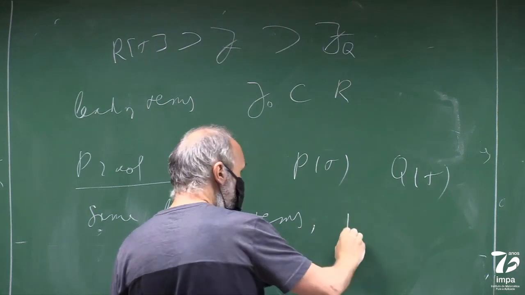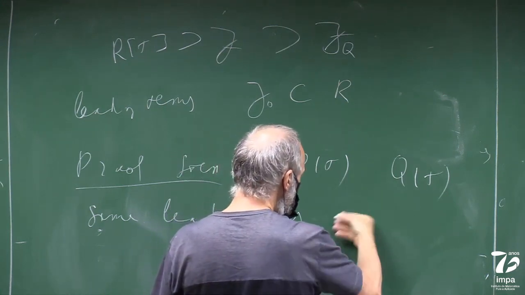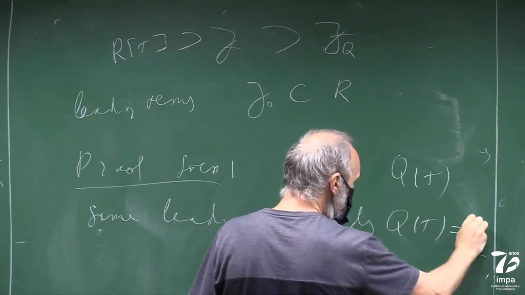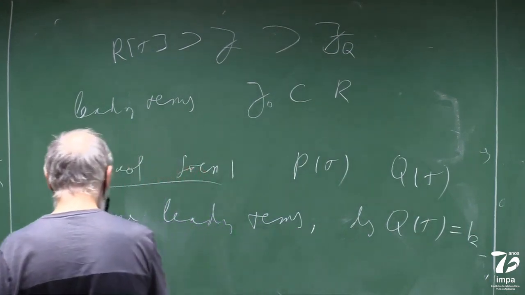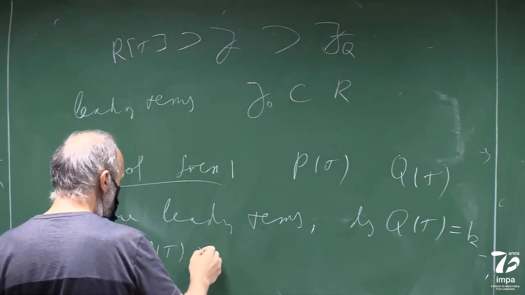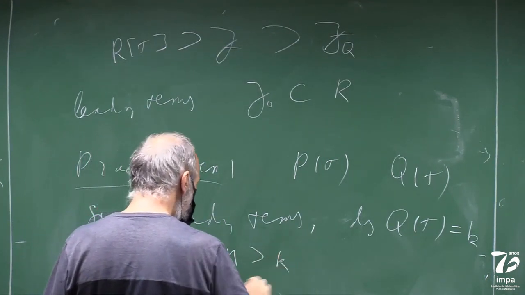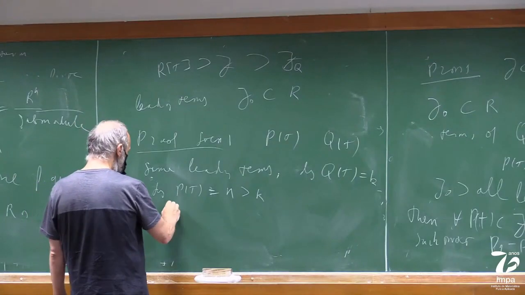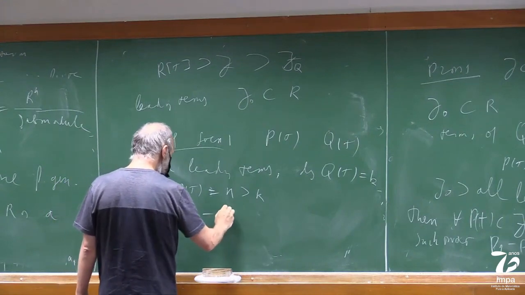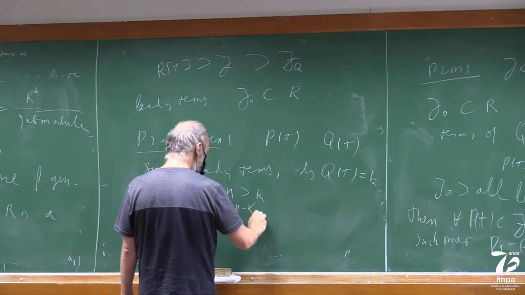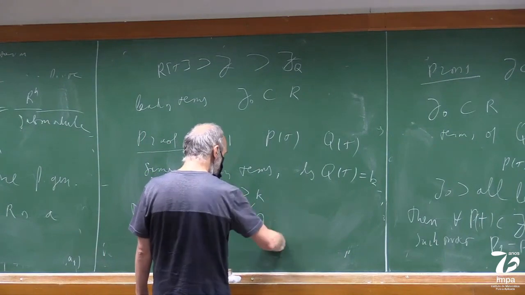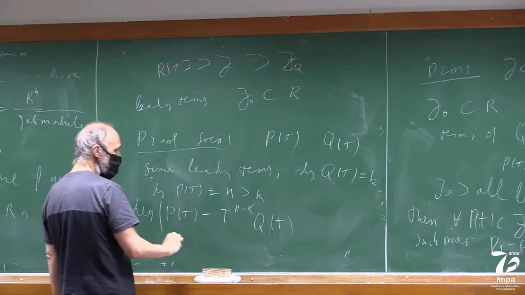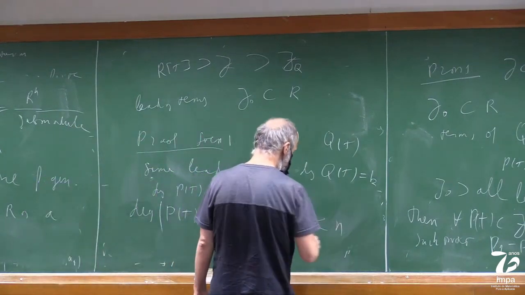But degree Q(t) is equal to k, and degree P(t) is n, bigger than k. Then, obviously, P(t) minus t^(n-k) Q(t), the degree of this element is less than n.